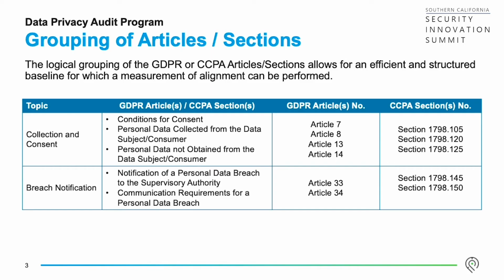Another thing that we have done to go one step further is look at the legislation itself, for example, GDPR and CCPA. We have mapped out the sections as they relate to, for example, conditions for consent, personal data collected from the data subject or consumer, and how that is translated to the legislative body and then the subsections.